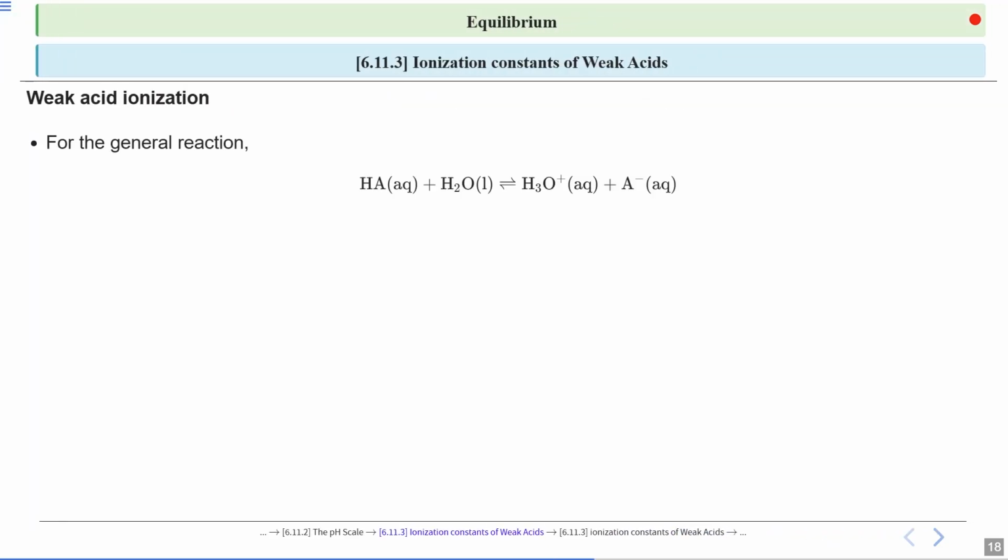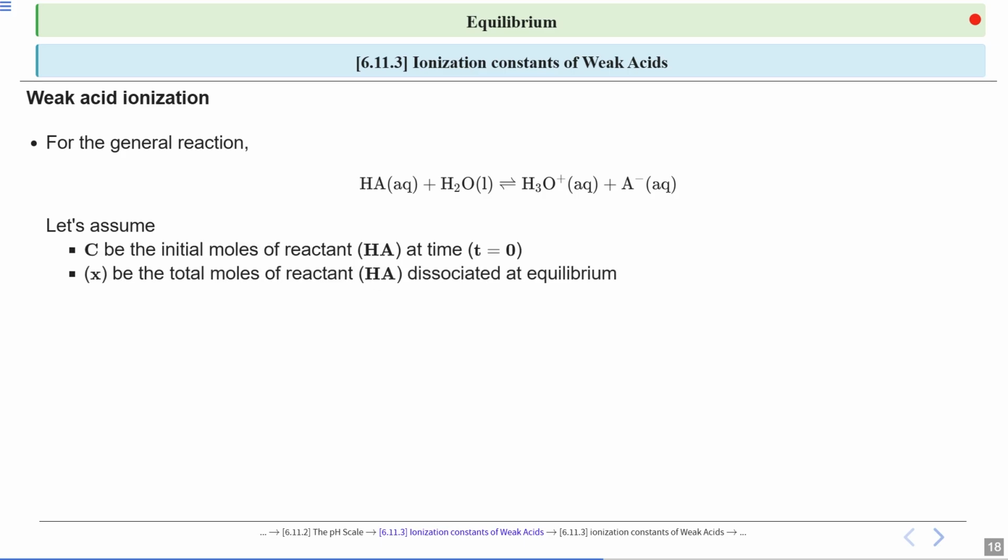Now we will apply that same situation to the general case where we again consider HA as a weak acid, which is dissociating to give H3O+ and A−. So can we write Ka for this in terms of alpha? Let's see. Assume that C is the initial moles of HA at t equals 0, and X is the total moles of HA that dissociate at equilibrium.